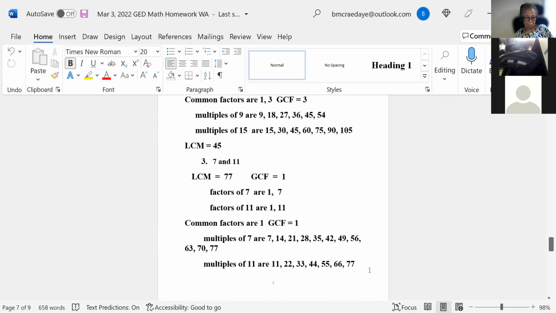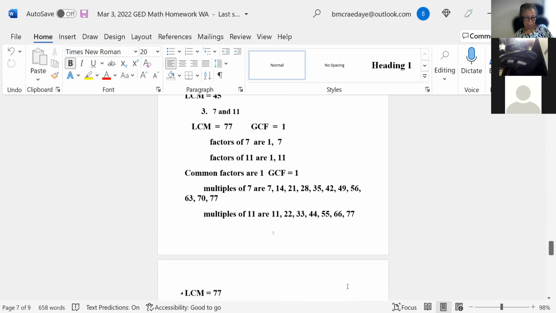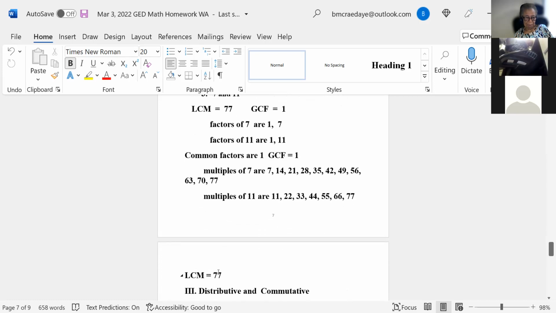What do you see in both lists? What number do you see in both the multiples of 7 list and the multiples of 11 list? 77. That's it, 77. So your least common multiple is 77. So Maureen, you can go through these and do multiples and factors, right? Okay.